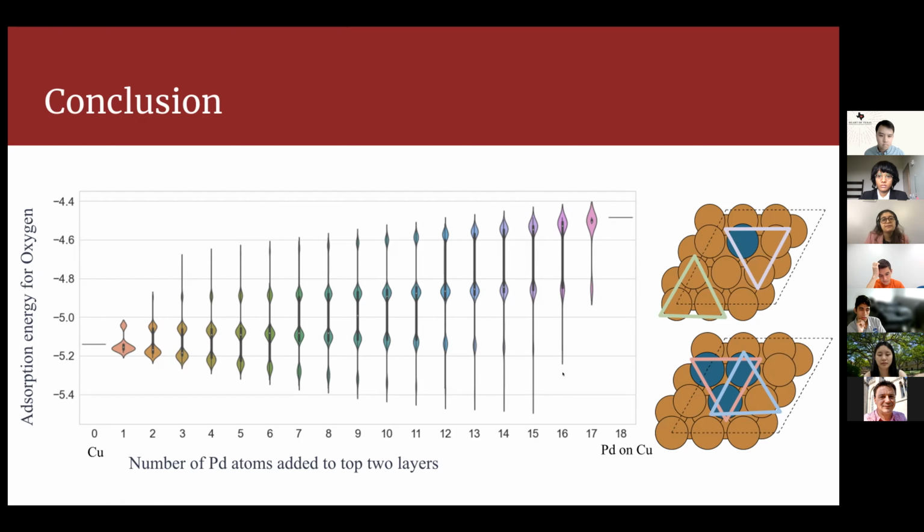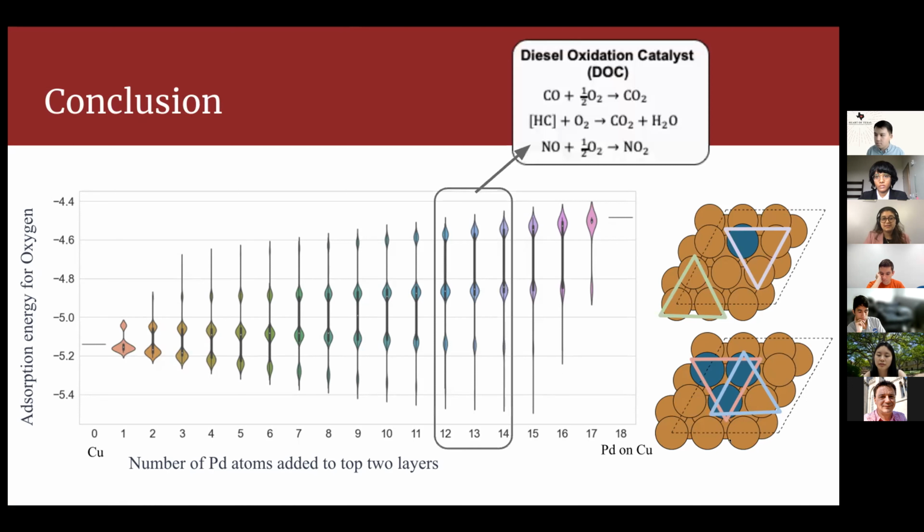And so moving forward, what we really want to do is focus our calculations on minimizing these really strong oxygen binding areas, because if oxygen is bonded so strongly to the surface, it's not going to react further. And so that means this is the area that we want to focus on.